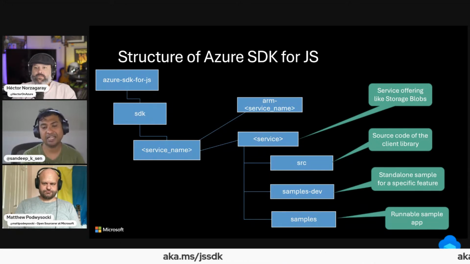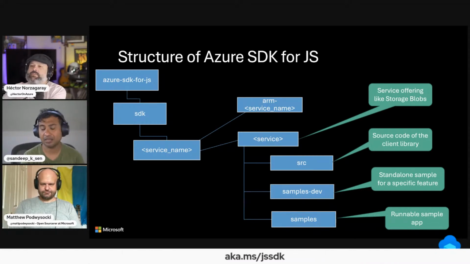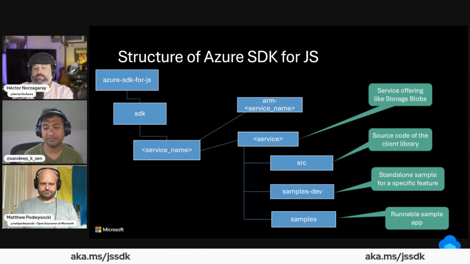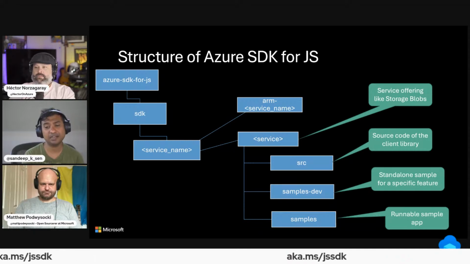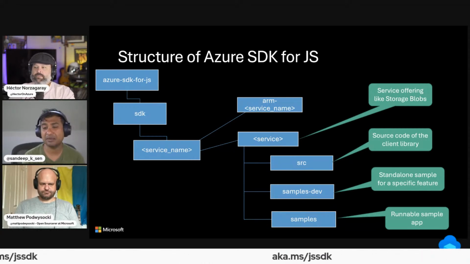Inside that directory, you'll find a source directory, which is the source code for the client library. Then you'll also find samples dev. These are standalone atomic samples, each showing you one particular thing, like upload or download.